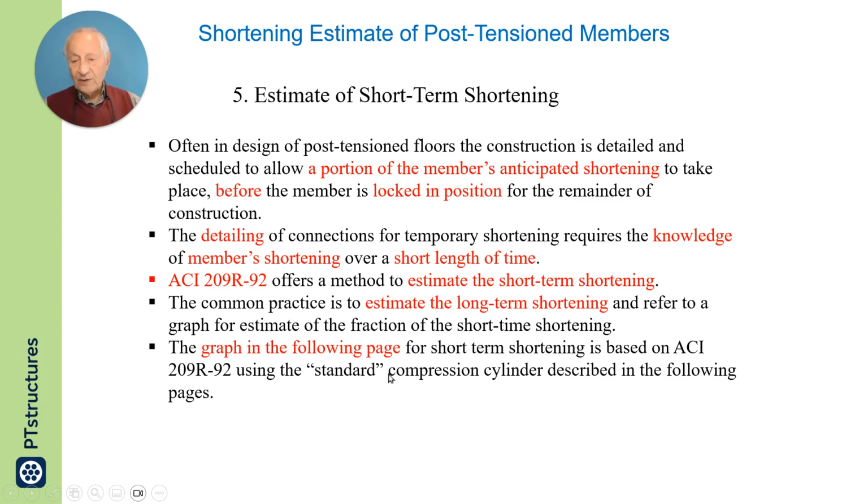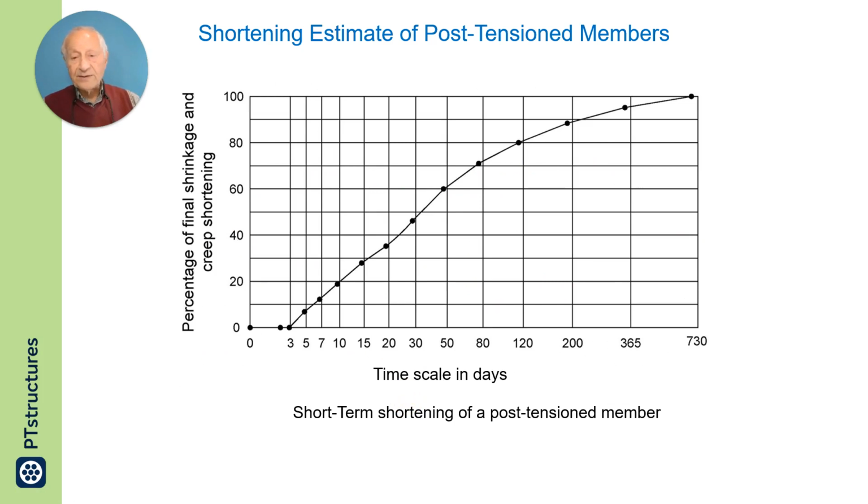The graph on the following page uses the ACI values for a standard concrete mix and condition. Your condition might be a little different, but this is the graph which says on day 20 the percentage of shortening is maybe 35%, something like this.